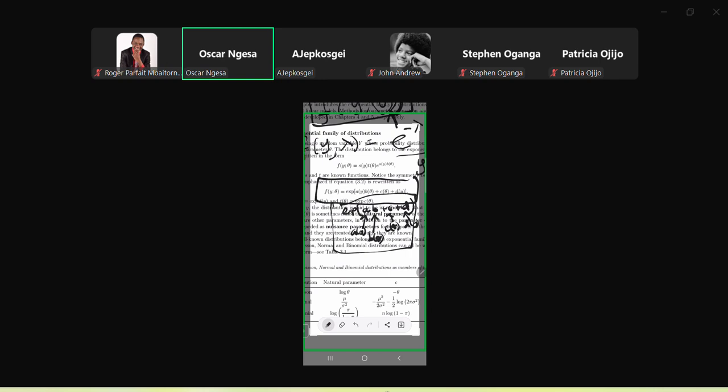Allow me to repeat. If we can take any PDF and rewrite it so that it has exp outside, with a(y), a function of y only, b(theta), a function of theta only, plus another separate function of theta only, and another separate function of y only, then we say that it belongs to the exponential family.